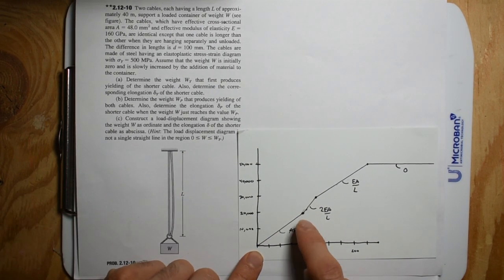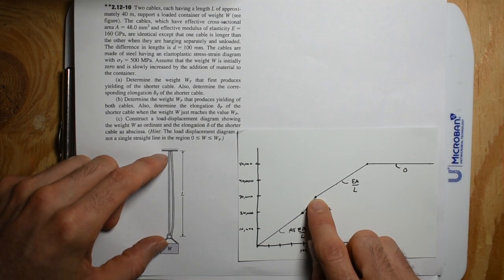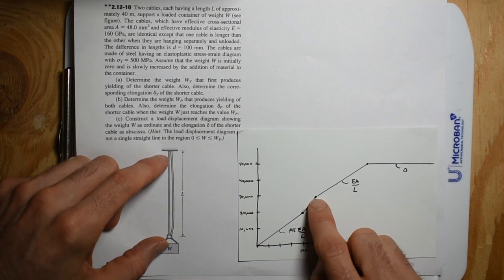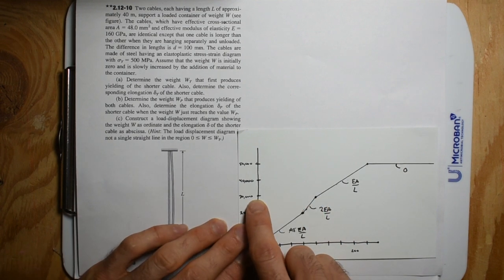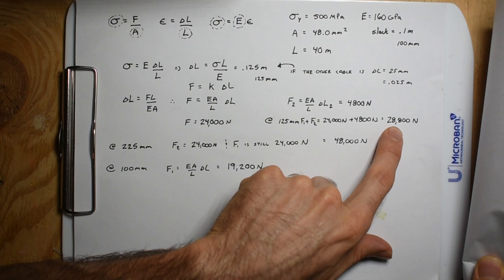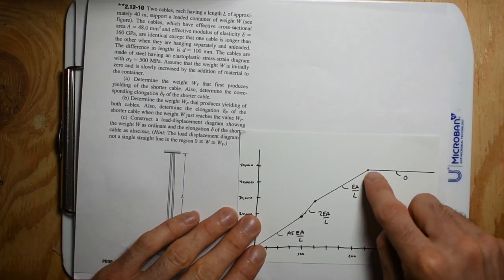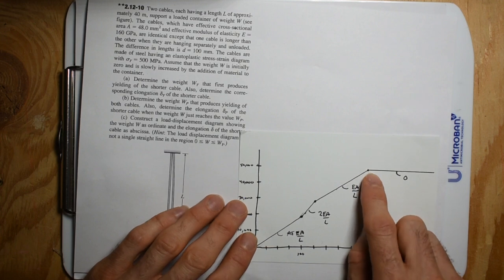And then once this first cord gets maxed out, we said it was going to be 24,000, but plus that 4,800. So now we have 28,800 newtons right there. And then when they're both maxed out, then it's going to be 48,000.